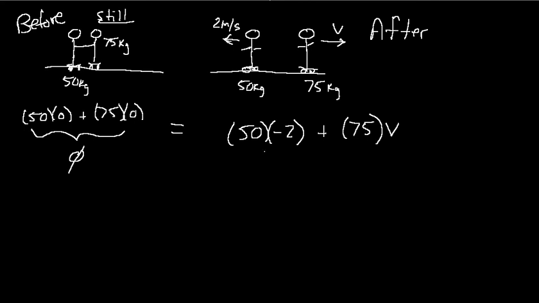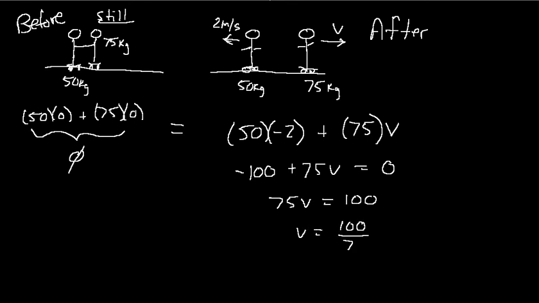So negative 100 plus 75V equals 0. So 75V equals 100, and V is 100 divided by 75 meters per second, and this is going to be positive. We've just found the 75 kilogram person's velocity after they push apart.